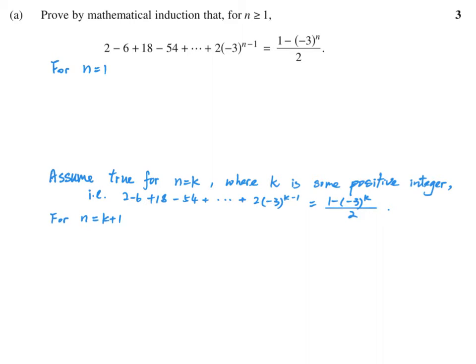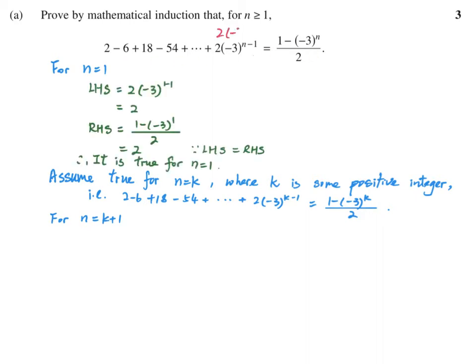First of all, we have to check for the first case whether or not the statement is true for n equal to 1. Then we have to check if the previous one is true, then the next one is going to be true as well. So now n equal to 1 for this statement, the left-hand side should stop at 2 times minus 3 to the power 1 minus 1, which is to the power 0.